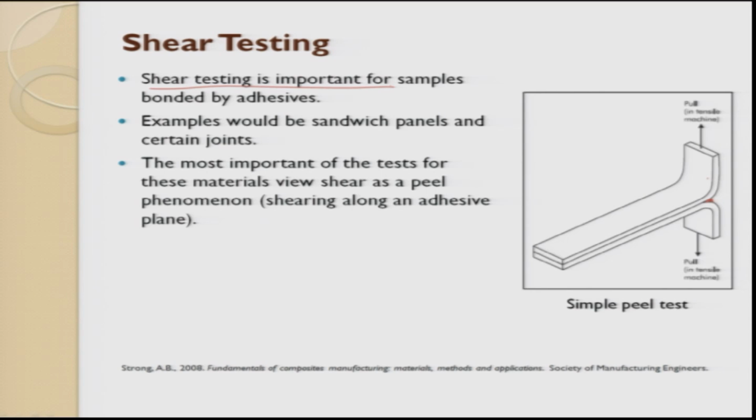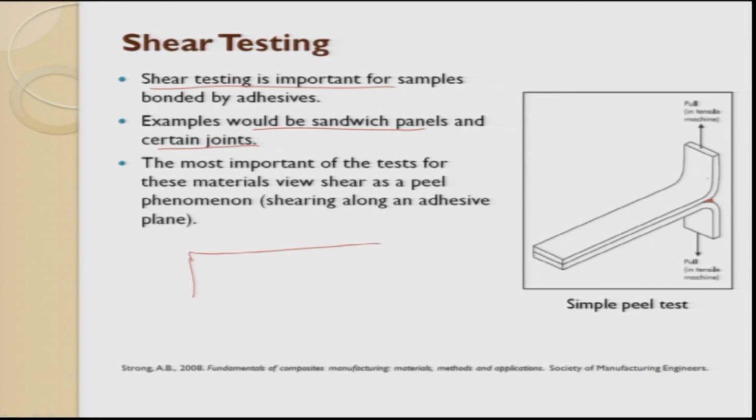So the shear test is an important sample bonding test wherein we study adhesion. There would be sandwich panels for certain uses, for example metal versus polymer, polymer CFRP, GFRP, polymer with a honeycomb structure. So in all these there will be a core difference.